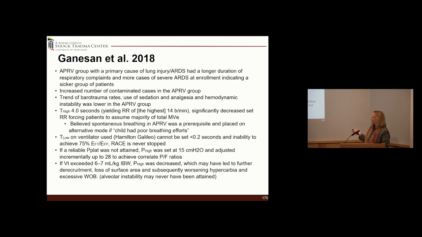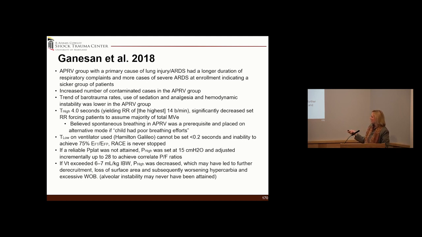And they even state in the paper that spontaneous breathing was a prerequisite, and they placed the patient on an alternative mode if they had poor breathing efforts. Again, this is this contaminated group: if they had CO2 issues, they took them off APRV and put them on conventional to bulk ventilate them, when all they had to do was reduce the T high.